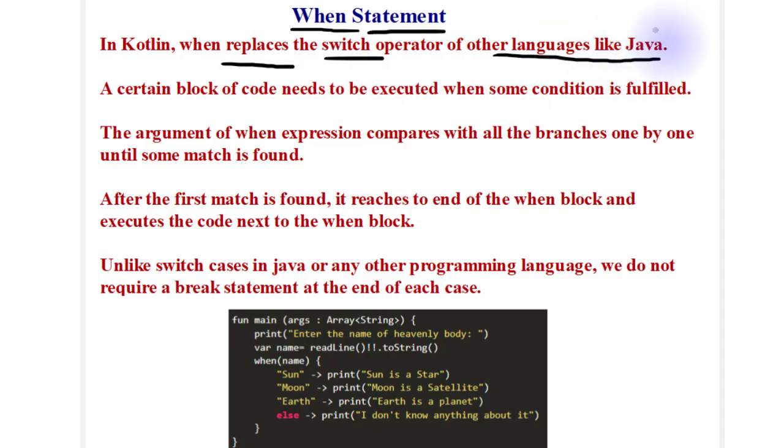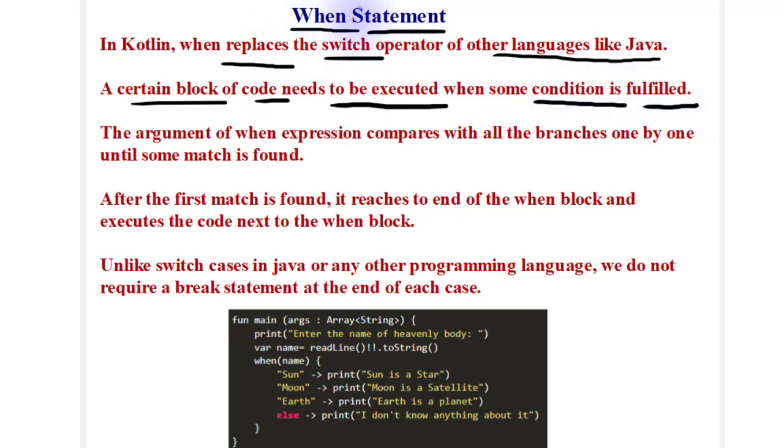So in Java, the when statement is replaced with the switch case. Here we have a certain block of code that needs to be executed when some condition is fulfilled.